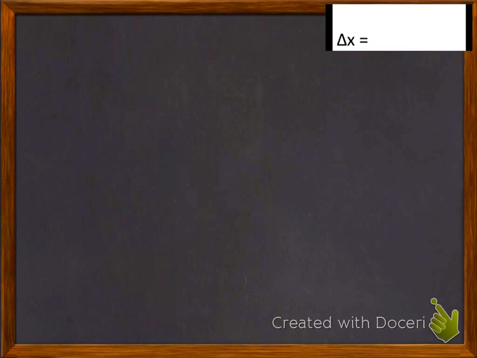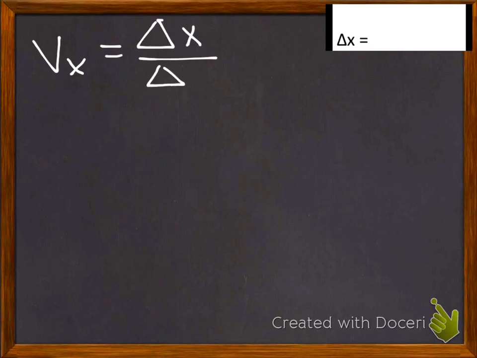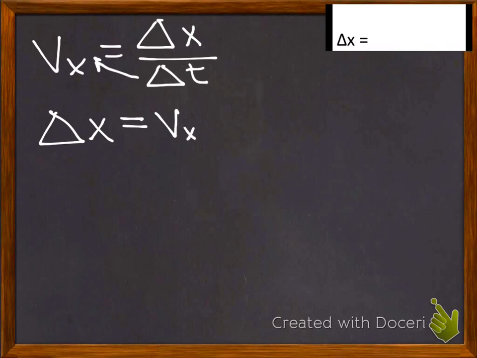So since we have no acceleration in the horizontal direction, we only have our one equation, Vx equals delta x, our range, over delta t. So rearrange it a little bit. I'm just going to multiply both sides by delta t. So my range, my delta x, is equal to the horizontal component of the speed multiplied by however much time went by.